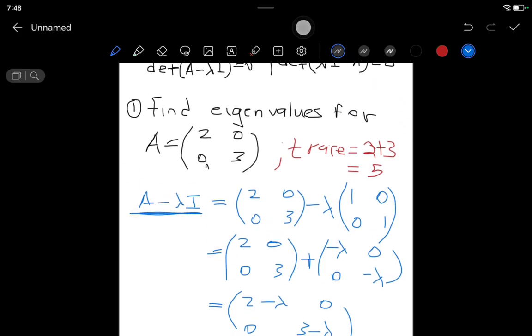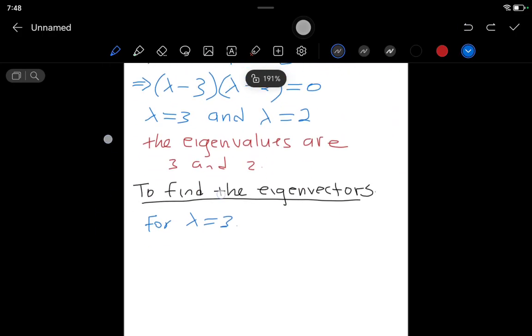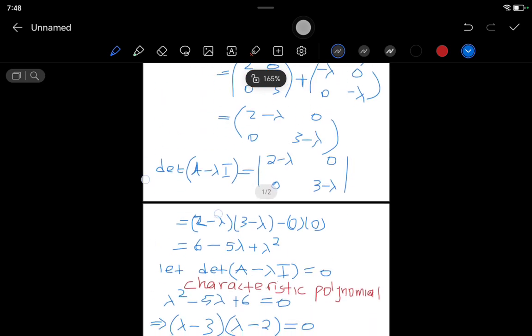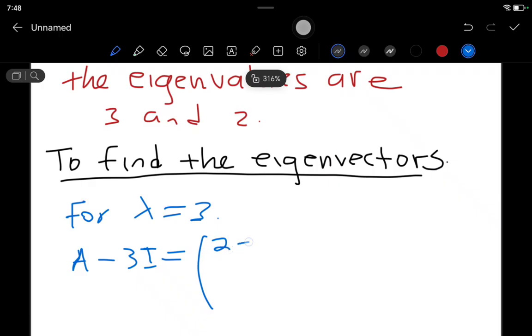We need this. For lambda equals to 3, which is this, we're going to say now A minus 3I will be equal to, remember, that matrix was 2 and 3 down there, right? So it's just going to be equal to 2 minus 3, 0, 0, 3 minus 3.